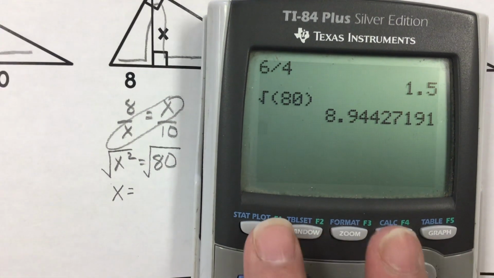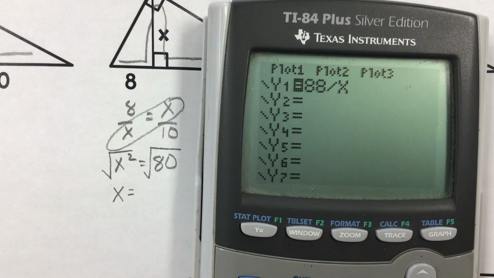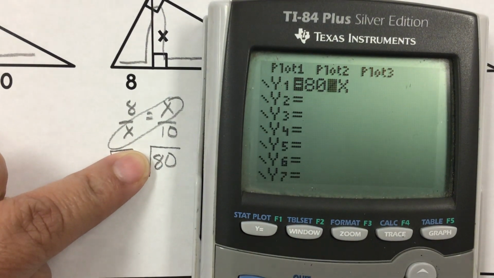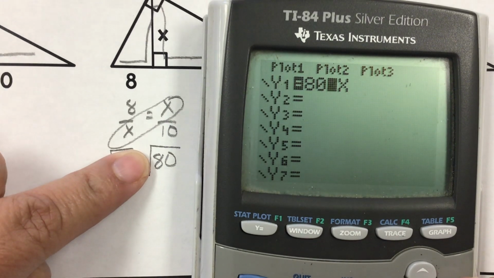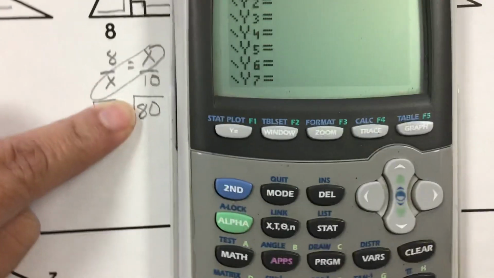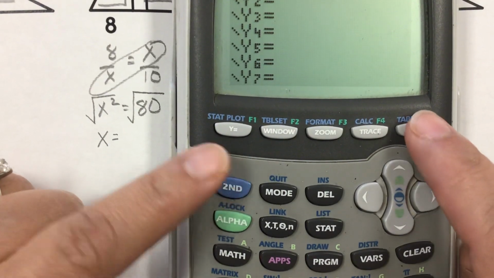How we do this again, we're going to hit y equals. Put 80, because that's the number we're trying to simplify, divided by x. And then you hit second graph to go to the table.